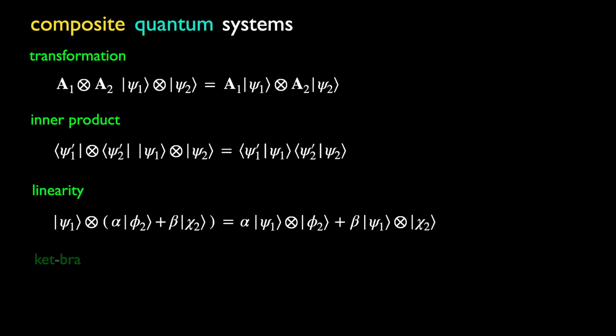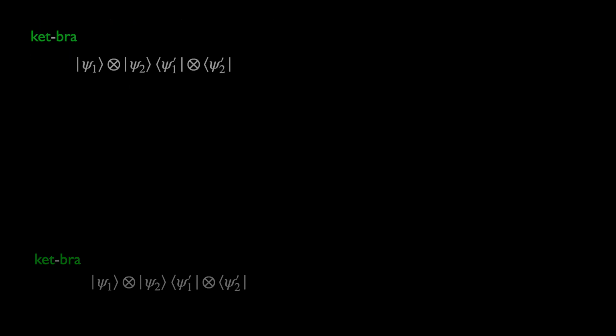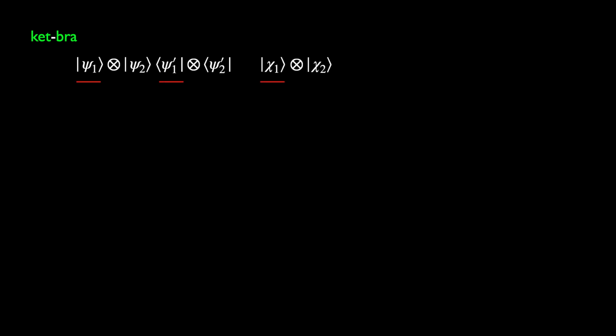Next, we look at the cat-bra operator for a composite system. We just need to see how this acts on an arbitrary product state, and the general case will be apparent. This result is equivalent to this.